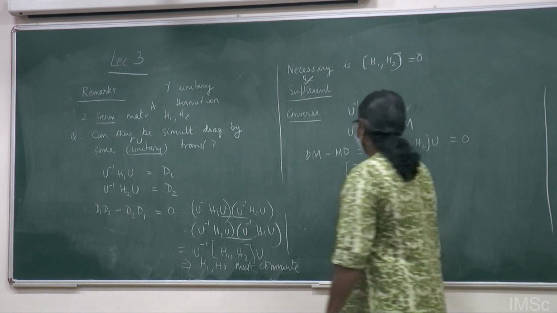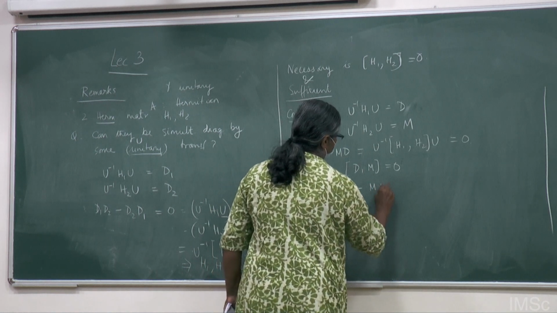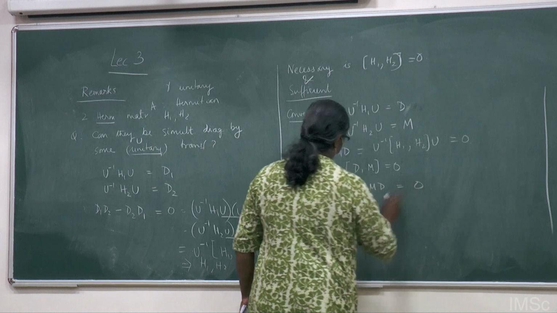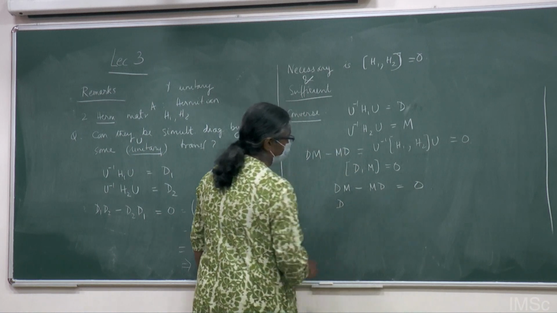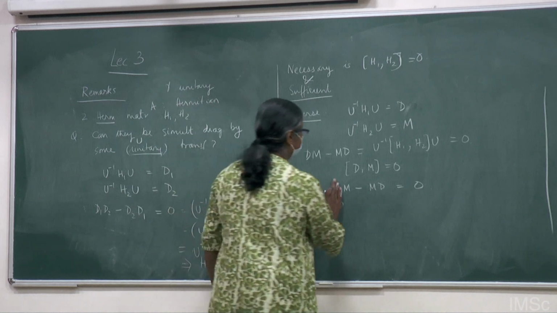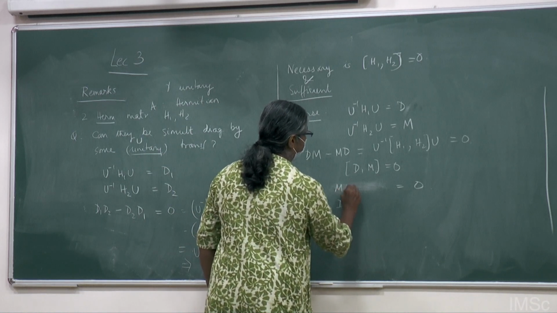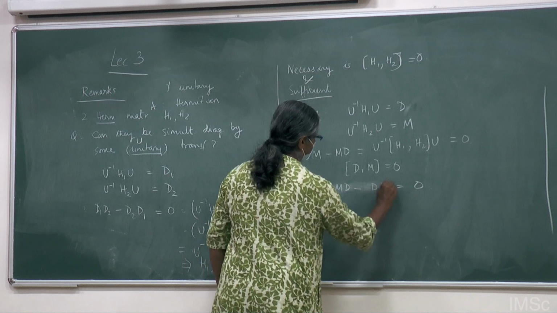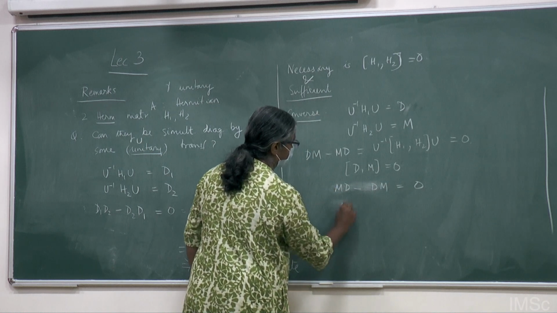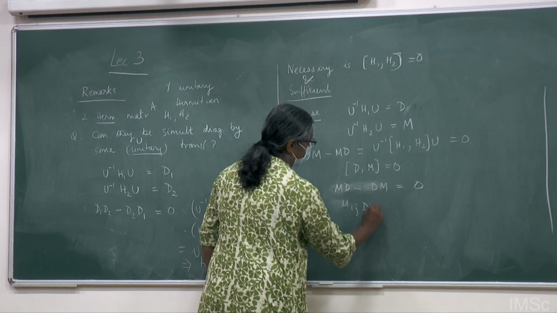Okay, so let's write it down in equation form. Dm minus Md is equal to 0. So D has only diagonal elements, so let's write the ijth element of this. No, let me write it as Md so that we can see it easier. It's the same equation. So I want to write the ijth element. So m ij d j k.